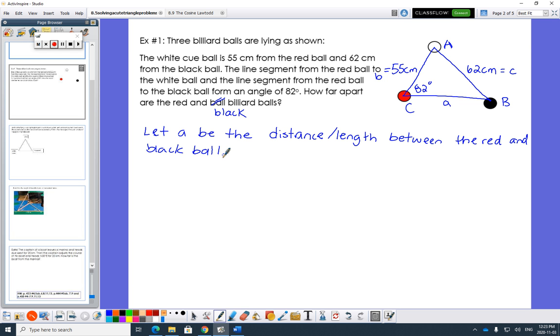So you could talk about the distance between them, the length between them, the length of the line segment, whatever you think makes the most sense to you, okay? So we're looking for the one side. So most or often, these problems require more than one step, okay?